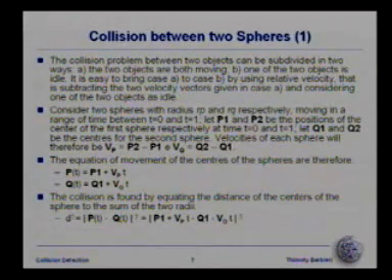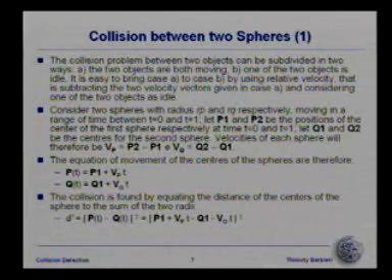For example, consider two spheres, radius RP and RQ, respectively, moving in our usual time span of attention, between T0 and T1. P1 and P2 are the positions of the center of the first sphere at time T0 and at time T1.